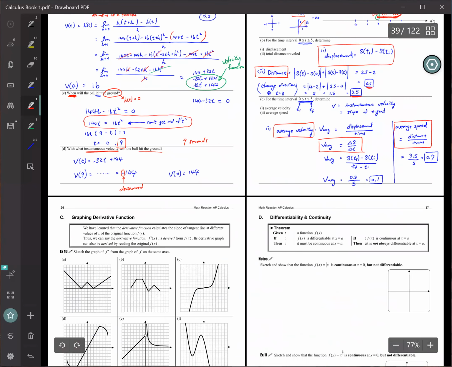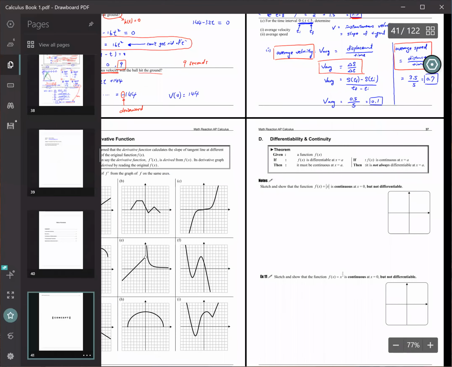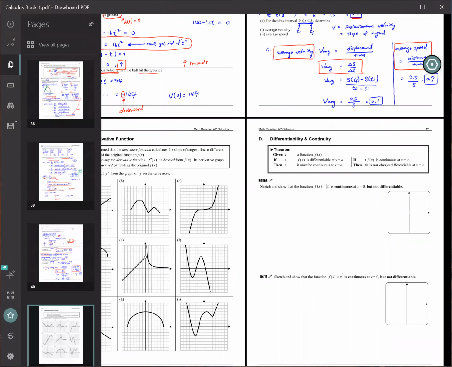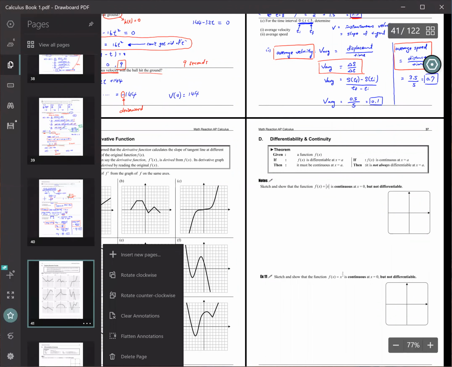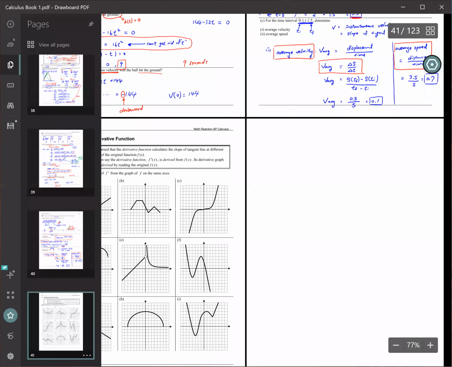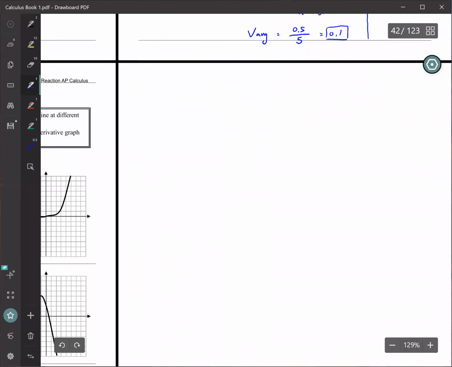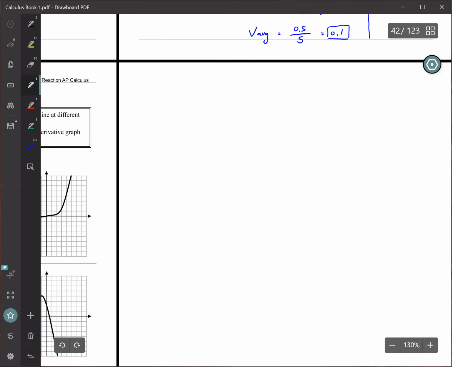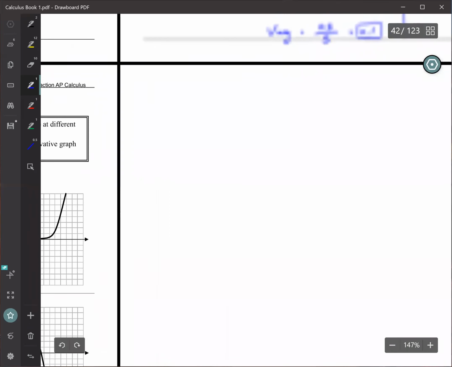Over here, I'm going to add a page. Let's copy this at the corner of the page, from an empty space. The original is x squared, and then we have the parabola.